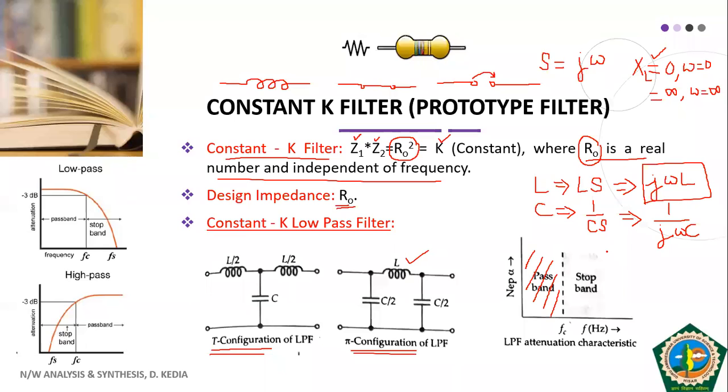Similarly, for the capacitor, the reverse takes place because omega is in the denominator. For omega equal to 0, your capacitive reactance is infinite, and for omega equal to infinity, your capacitive reactance is 0. What does it mean?